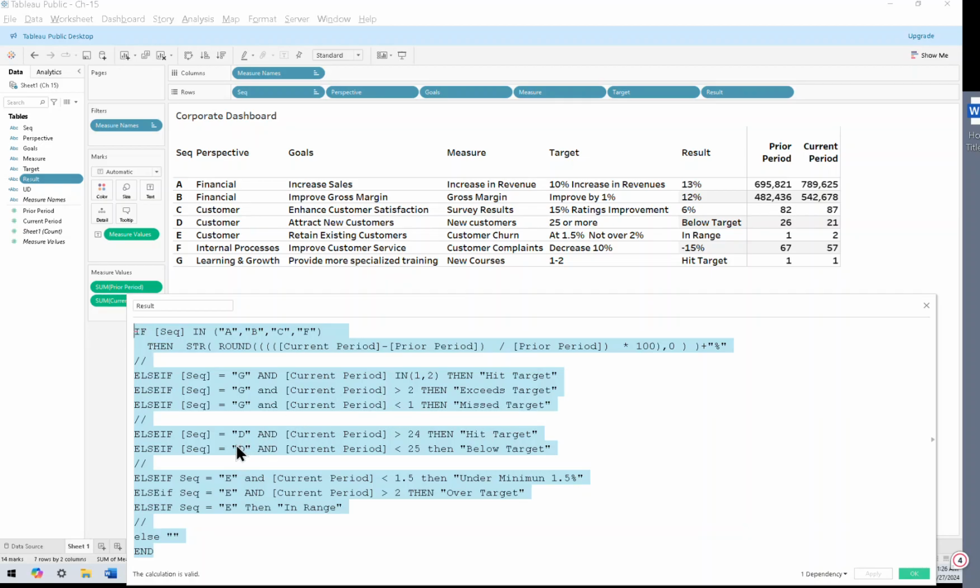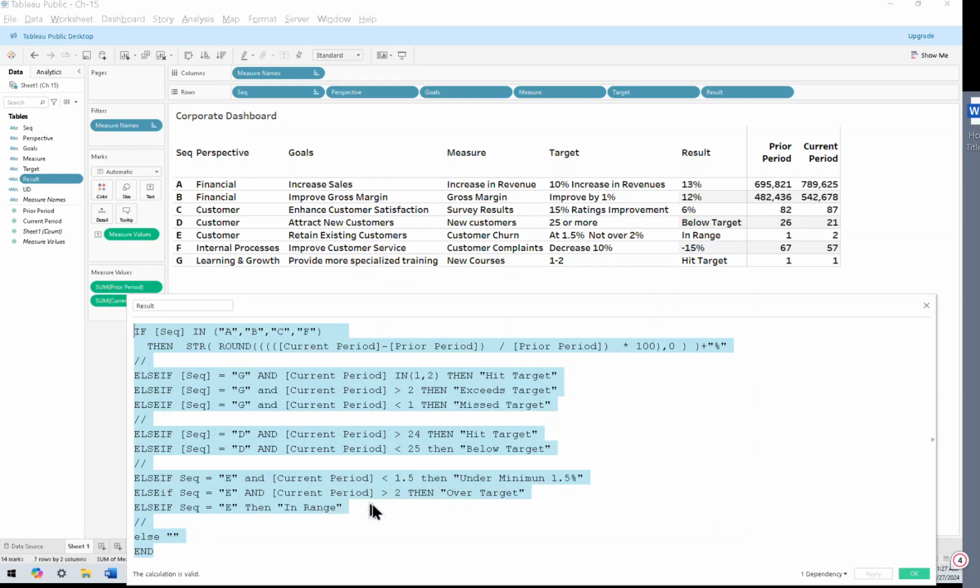The D is looking at only 125. If it's greater than 24, meaning 25 or above, we hit our target. If it's less than 25, we're below target. We do the same thing for E. If the current period is less than 1.5, we're under our target.